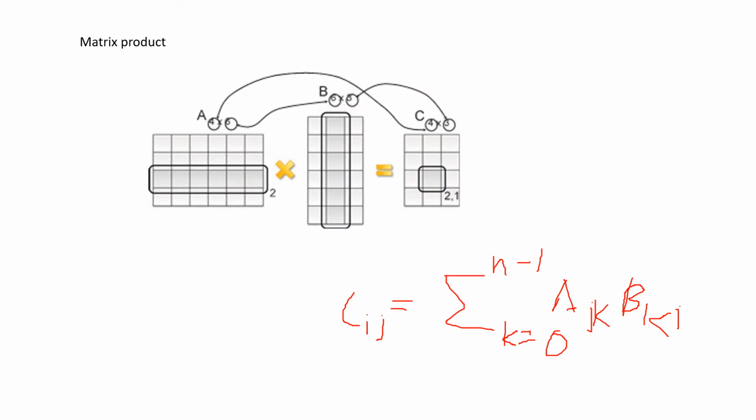So this is the formula to get the elements of the final or outcome matrix. Where A and B are the elements corresponding to rows and columns, and the total matrix elements range from 0 to n minus 1.